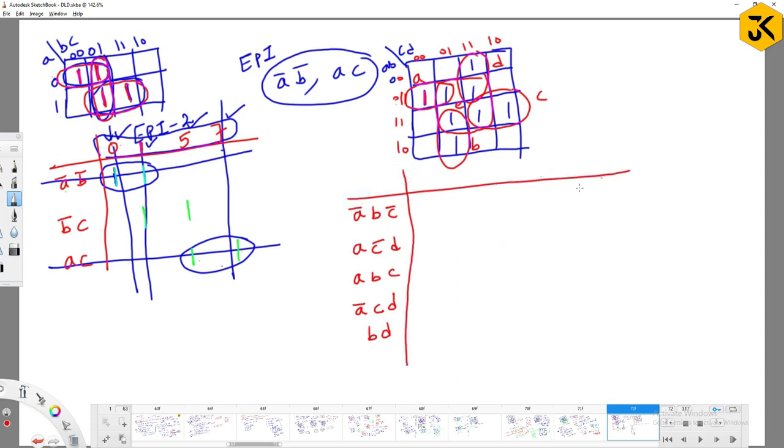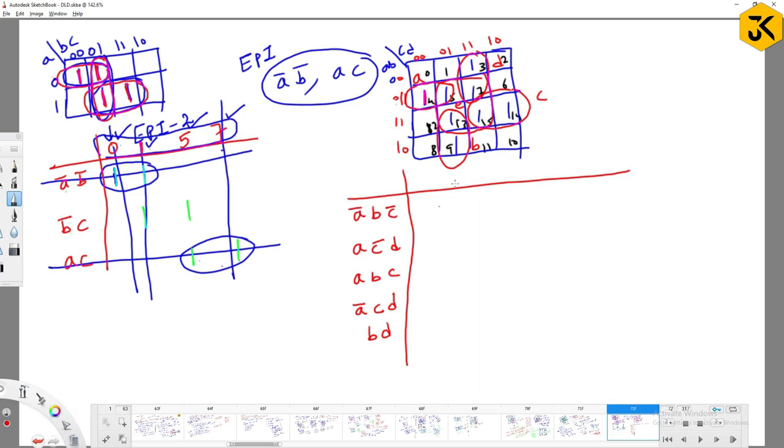And what about the top level? All the terms which are represented for the digits 1, right? What are the values? I think this is 0, 1, 2, 3, 4, 5, 6, 7, 8, sorry, 8, 9, 10, 11, 12, 13, 14, and 15, right?